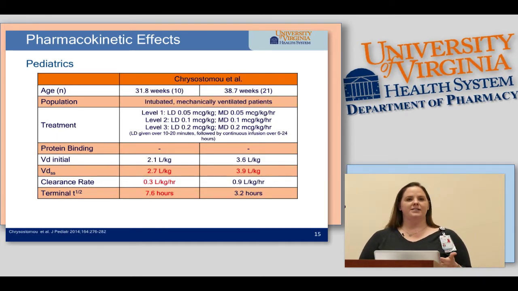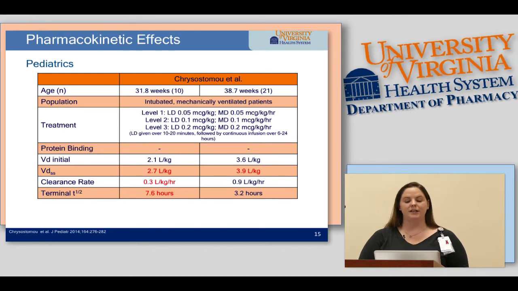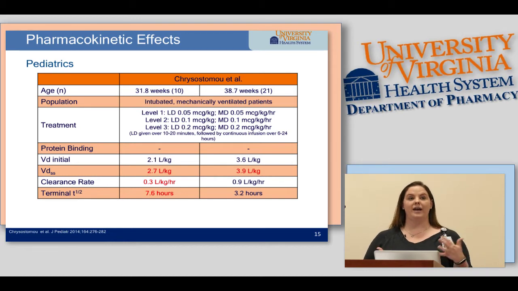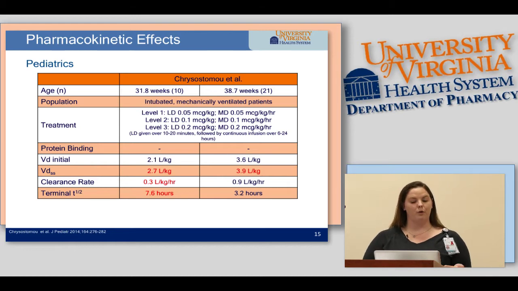And then I'll conclude with this final study that was most recently published. This looked at both preterm and term neonates. The term neonates are very similar to the same population that the Vilo et al. study was looking at. As you can see, the age ranges I've listed up there for you, they were broken up into several different groups. There was a level 1 group, level 2, and level 3, receiving different doses in each group.